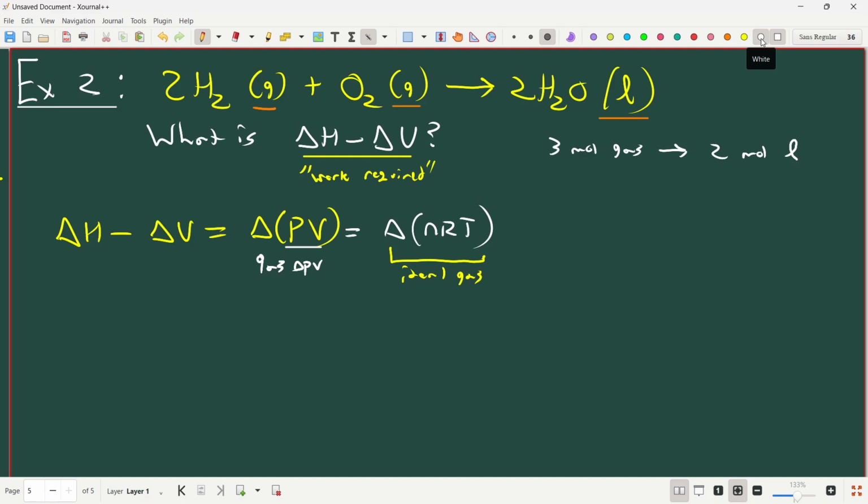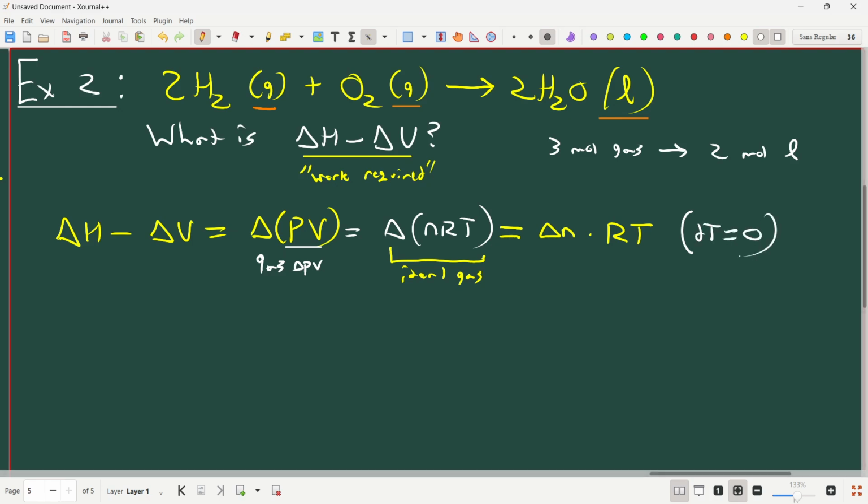Well, T is fixed, and we're going to assume a fixed T. R doesn't change, it's a constant. So the amount of work being done is proportional to the change in moles of the gas. So we can simplify this as delta n times RT, and this is because dT is equal to 0. We're fixing the temperature.